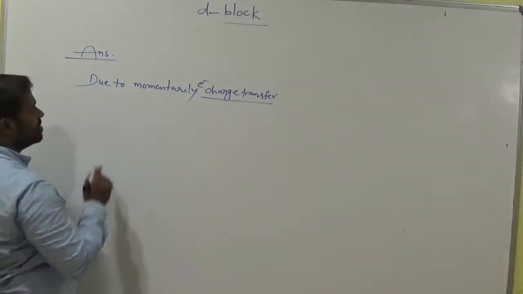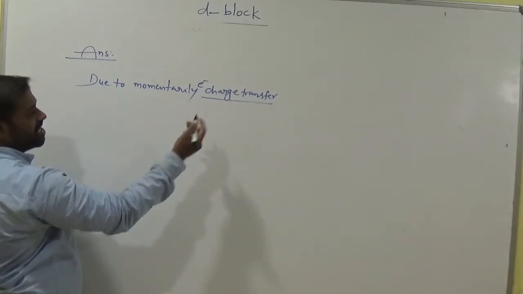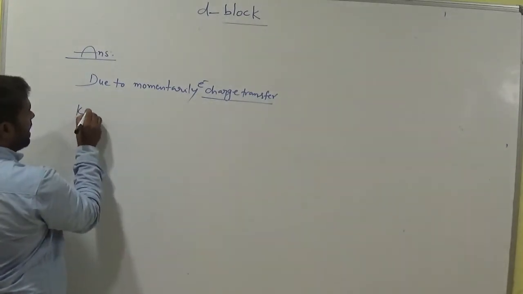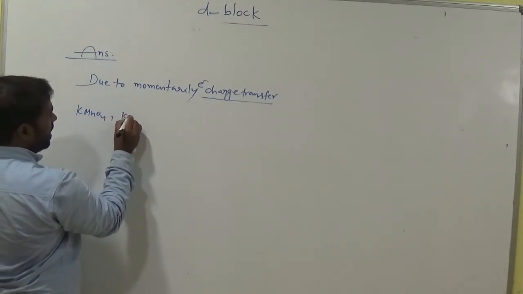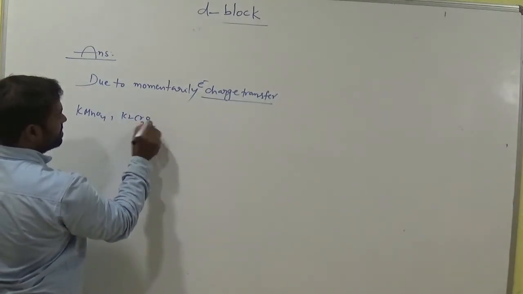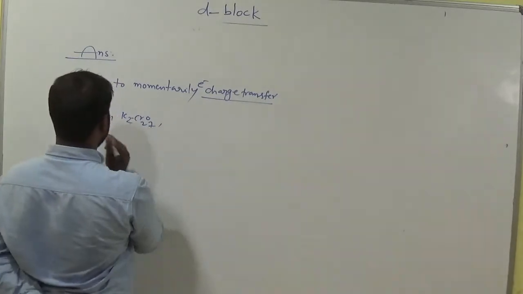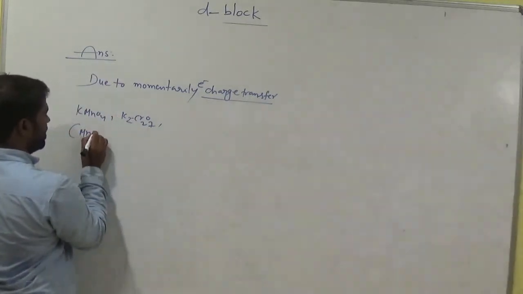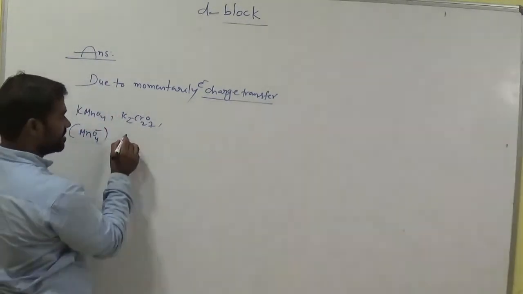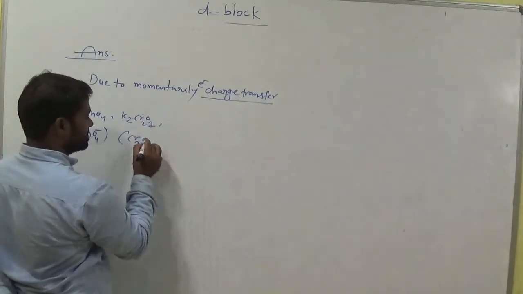Due to momentary electron charge transfers, KMnO4, K2Cr2O7, and that means here MnO4 minus also we can write.